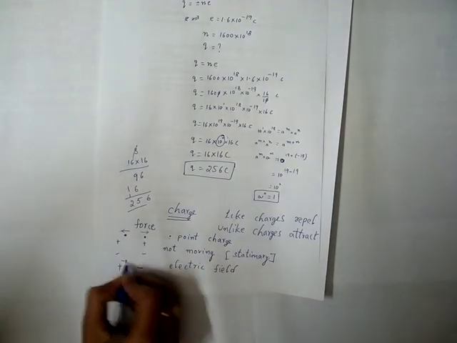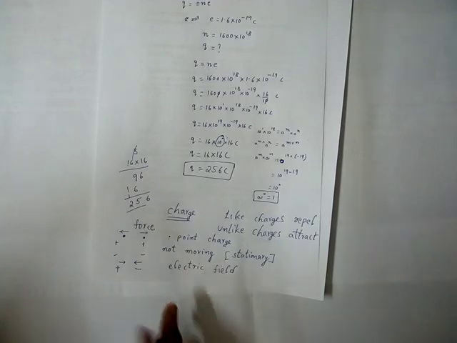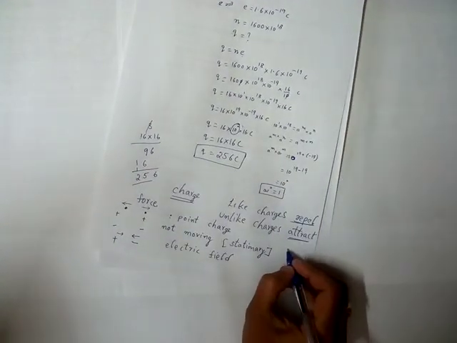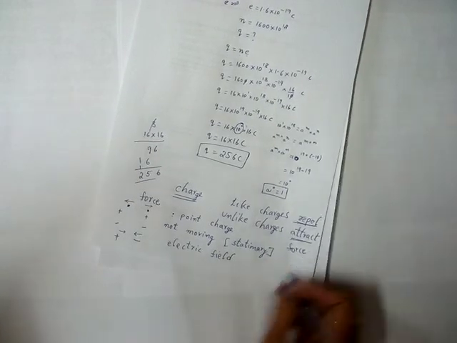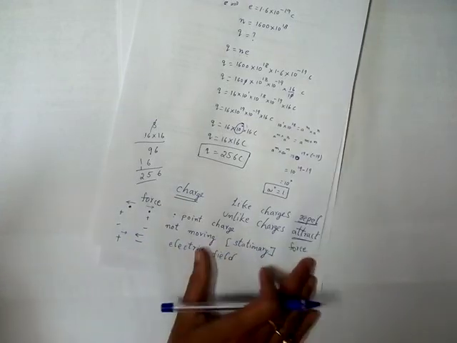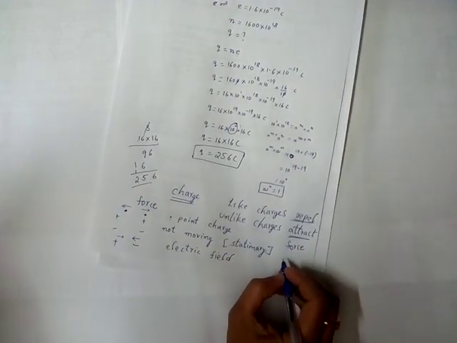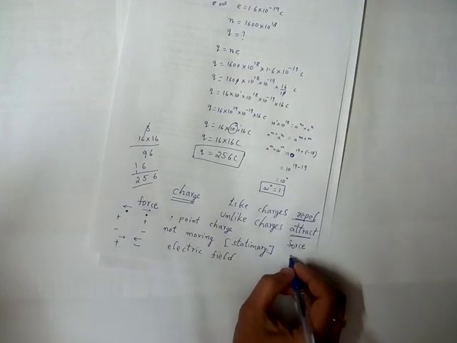So this repulsion or attraction is due to a force which is called electrostatic force, because those two charges are at rest, and between them there is a force. We call it electrostatic force. It makes the charges move.